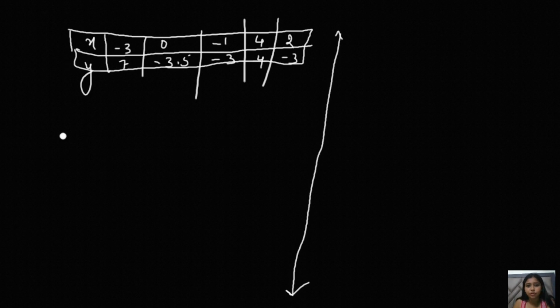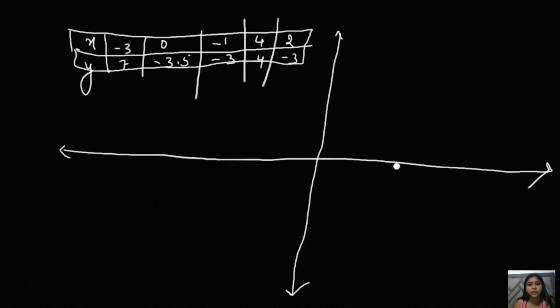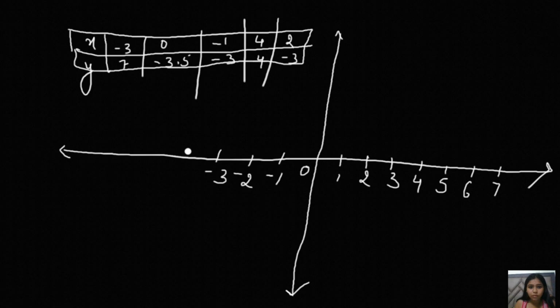Let's just draw the coordinate geometry's Cartesian plane, or coordinate plane. I'm not very good at drawing. Okay, this is how we just have to draw them. You just have to locate the points, and I already told you how to locate the points.